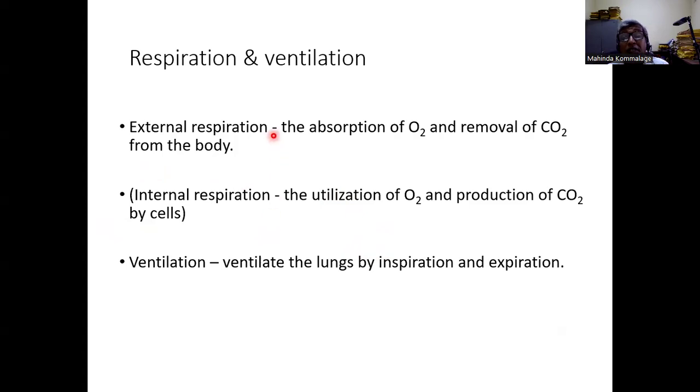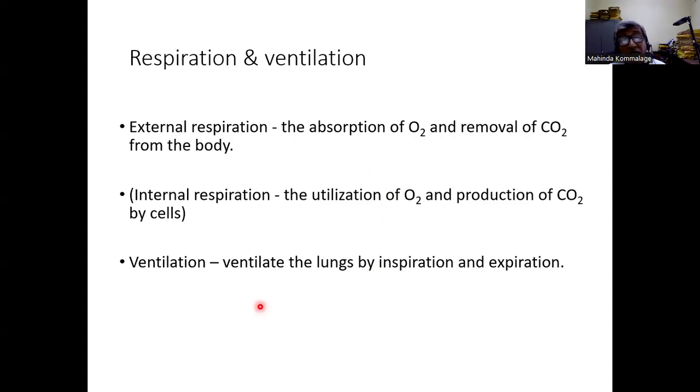But when we say respiration, we basically refer to external respiration, that means through the lungs we absorb oxygen and remove carbon dioxide, which is gas exchange. But remember, in some places internal respiration, the cellular level respiration, can also be referred to as respiration.